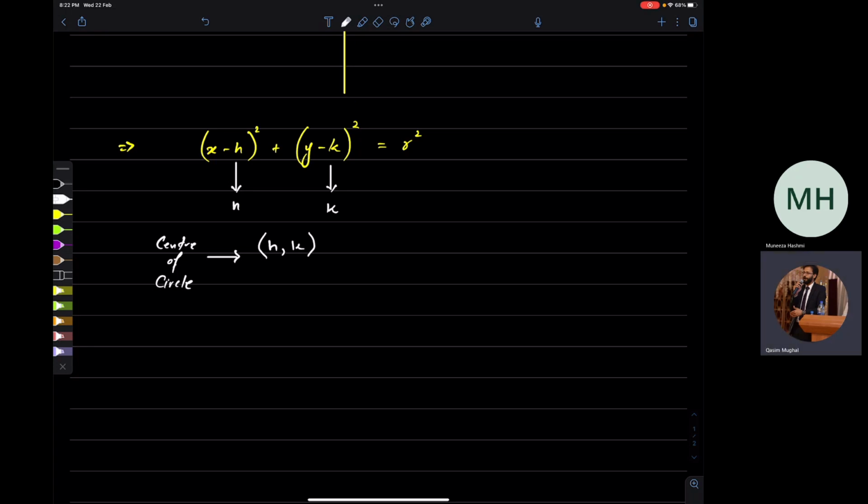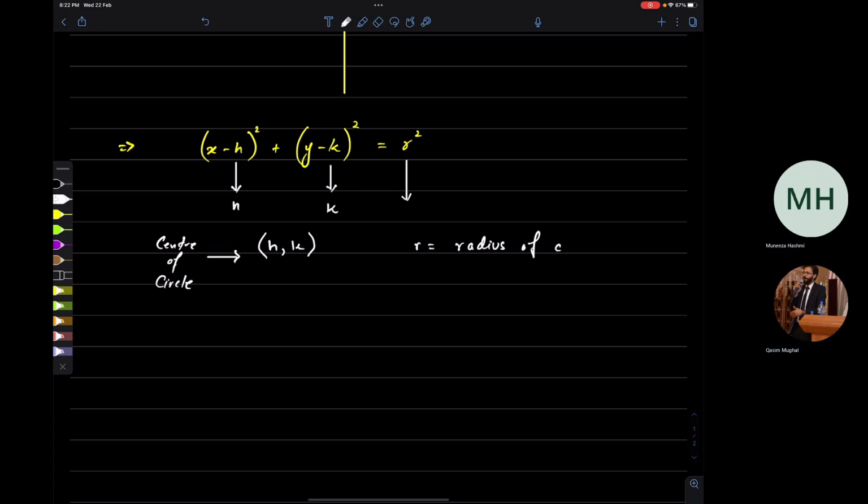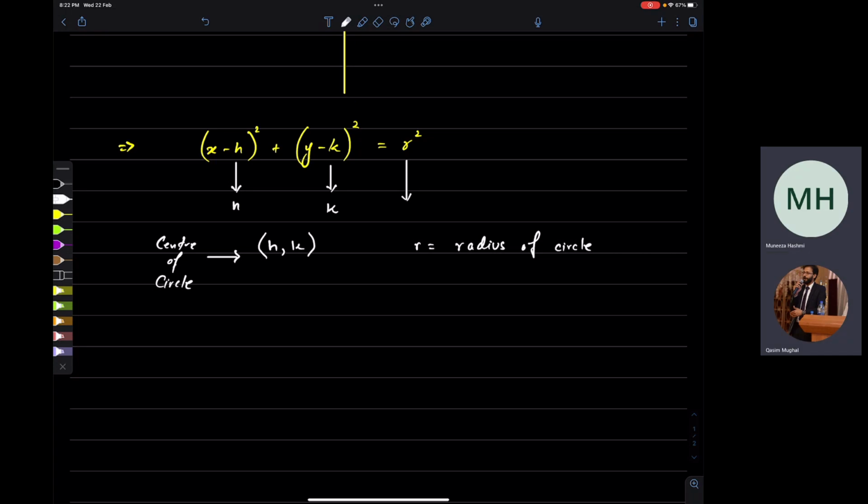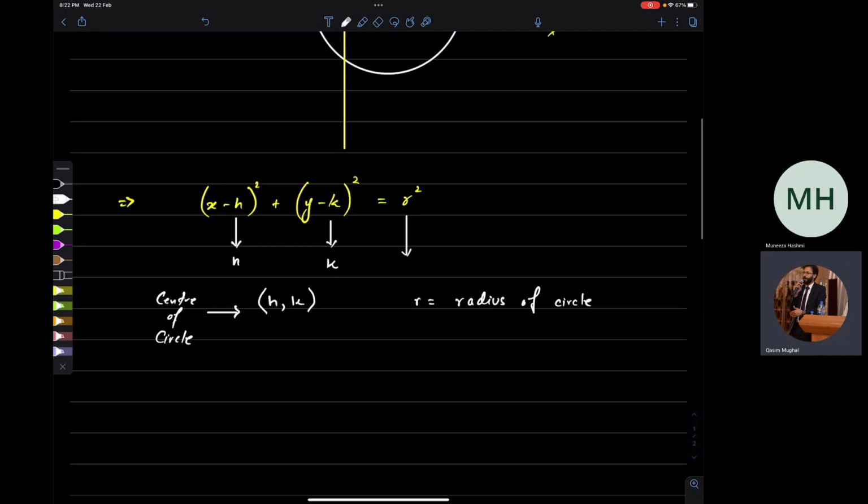Another important thing over here is this r. Now r is basically the radius of the circle.